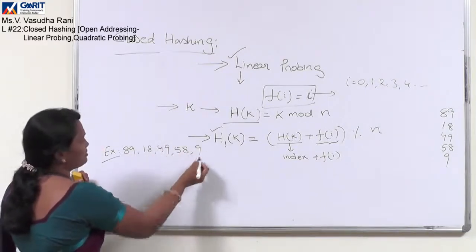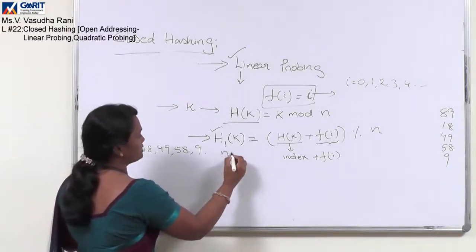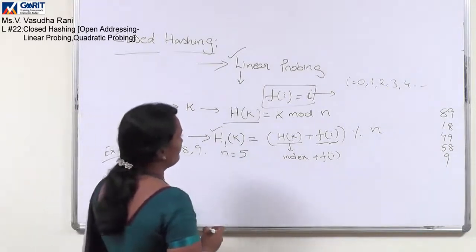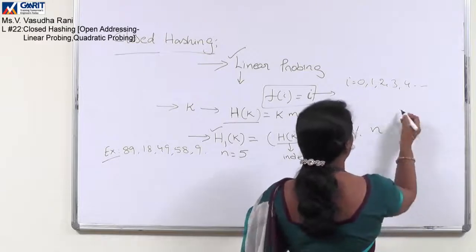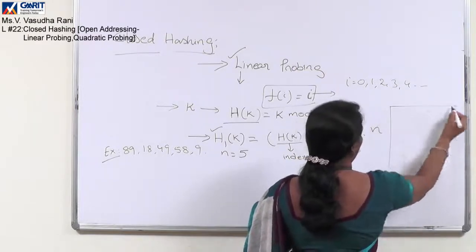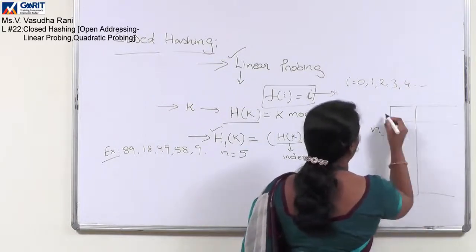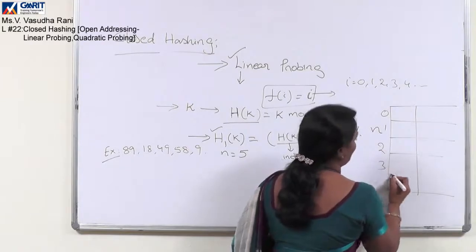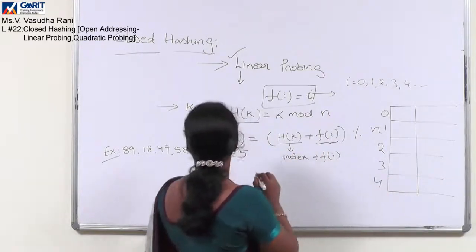Let us take these 5 values into consideration, and our table size is 5. This is our table.